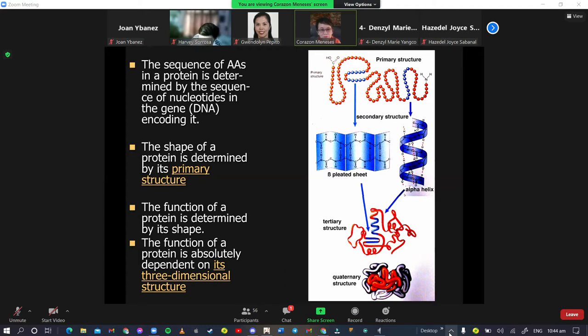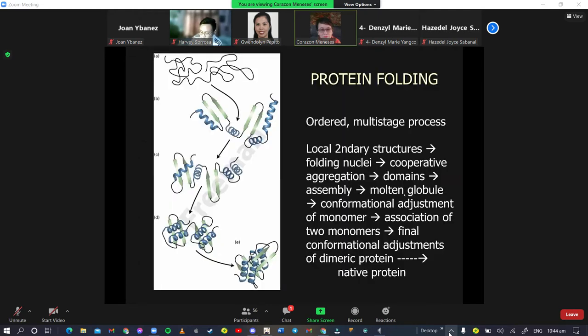Okay. So we will now go to protein folding. So what is protein folding? This is a process. It is ordered and it has many steps. If you look at the figure, first you have the sequence, no definite form.